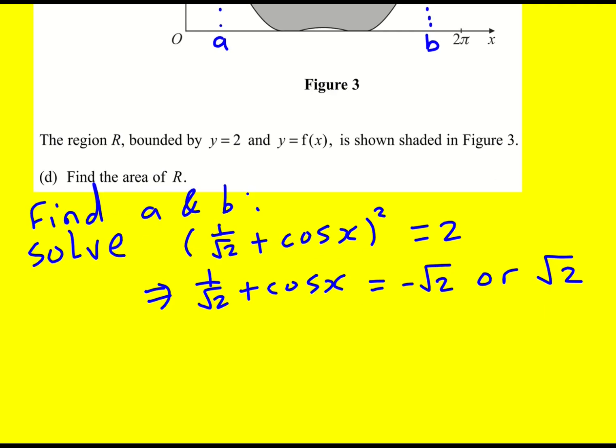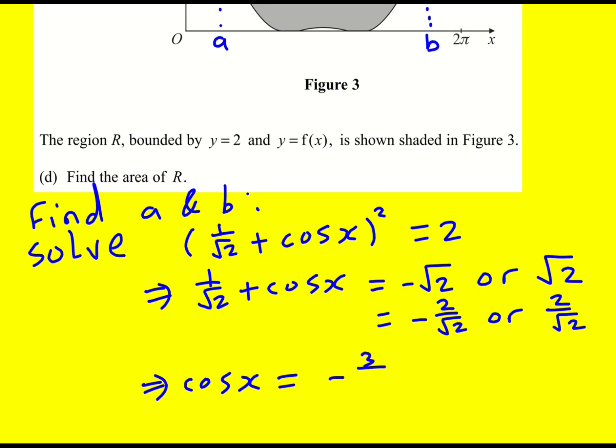And then, we can write it as minus 2 over root 2 or 2 over root 2. That will be easier to deal with. So cos x will equal minus 3 over root 2 or 1 over root 2. Note that this one is less than 1, so we'll reject it.